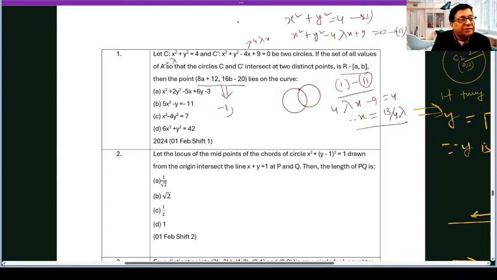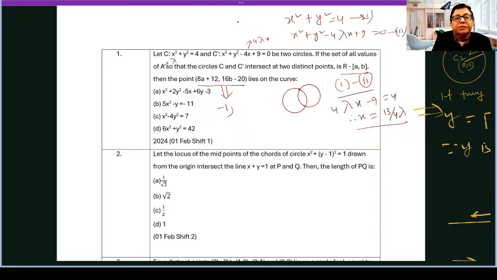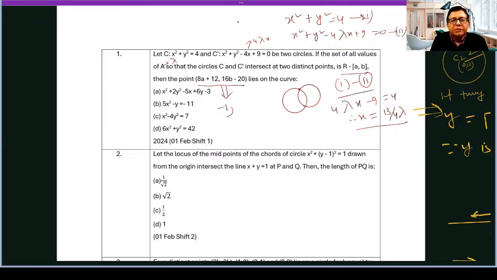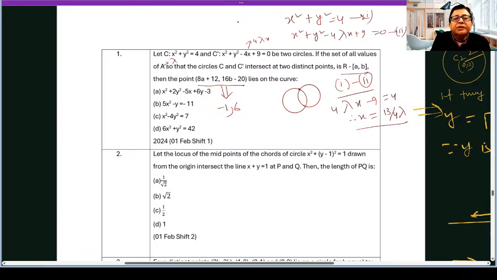Sure. B is how much? 13 by 8. So 32 minus 32 is coming 32. No sir, 26 minus 20. So this is 6. So this part is minus 1 and this part is 6.